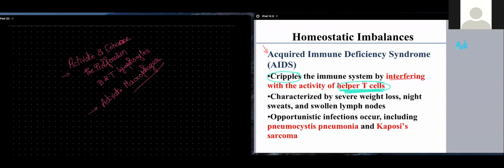What are the cardinal signs here for the acquired immunodeficiency syndrome? It is going to be severe weight loss, night sweats, and swollen lymph nodes. And those are also the alarming signs of having a major problem.